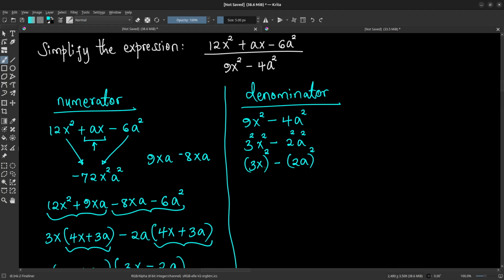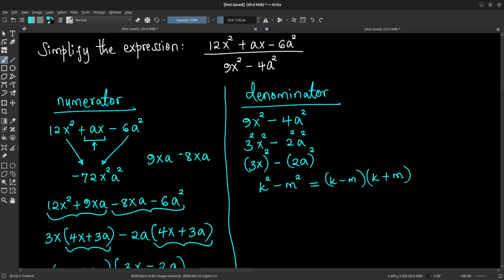Now at this point, this is a difference of two squares. The first square is 3x squared, and the second square is 2a squared. Remember, anything like k squared minus m squared is the same as k minus m times k plus m.